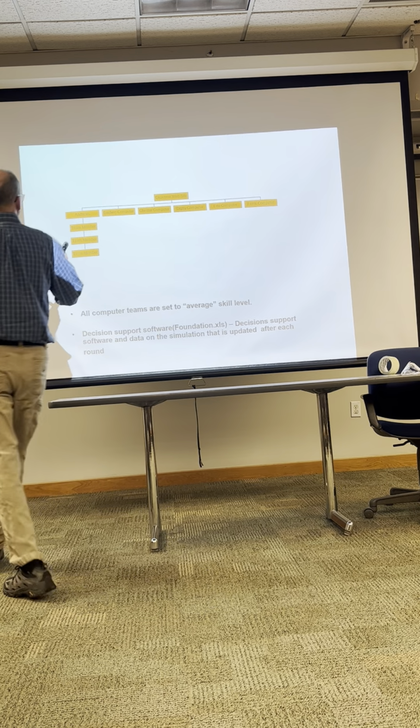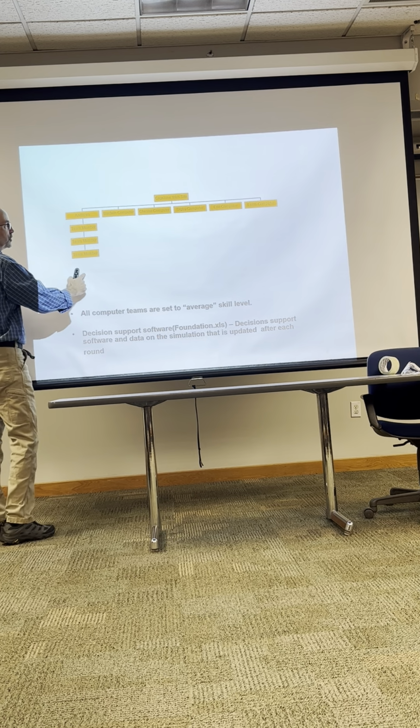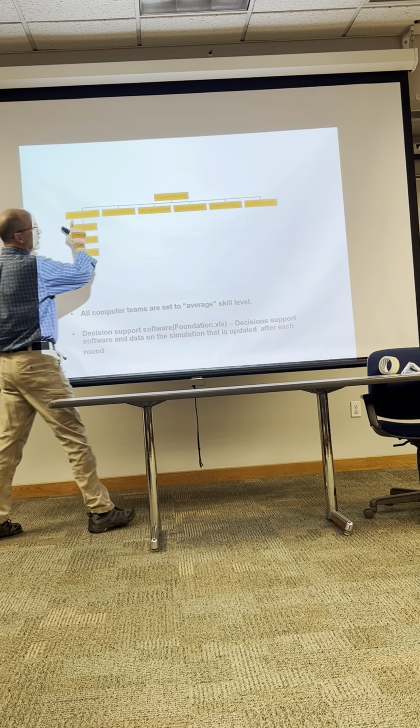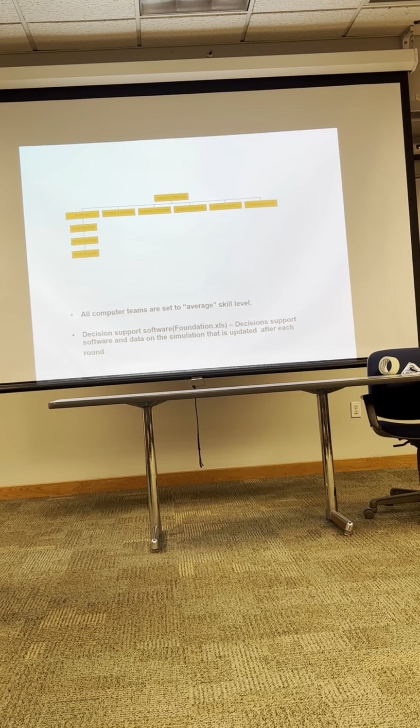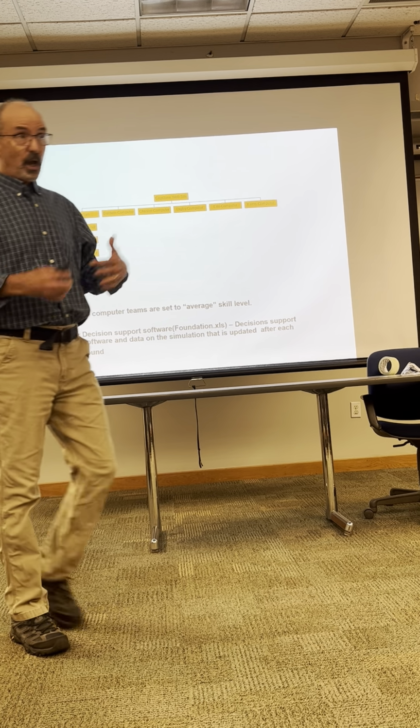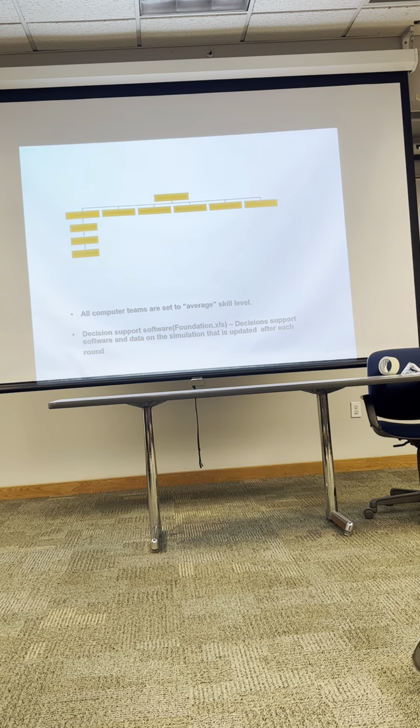Here is your team. You're on the Andrews team, you have members here. Down across here are the computer teams that you are competing against. All of you have access to the decision software. When you open up that decision software, it goes and reads from Chicago or wherever, out in the cloud, what information for your team is out there.